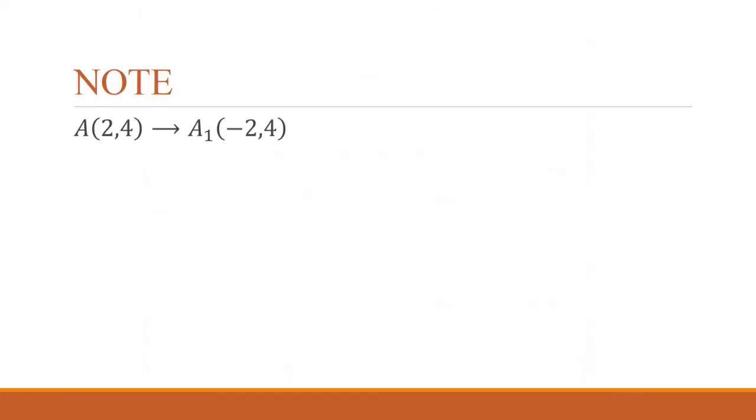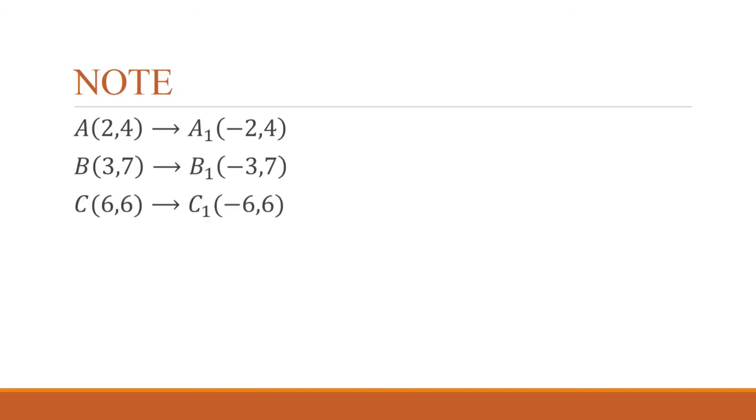Now let's take note. Remember that the first point, which was point A, (2, 4), produced an image point A1 which became (-2, 4). Point B, which was (3, 7), also produced an image point B1, which is (-3, 7). Point C, which was (6, 6), produced an image point C1, which is (-6, 6).